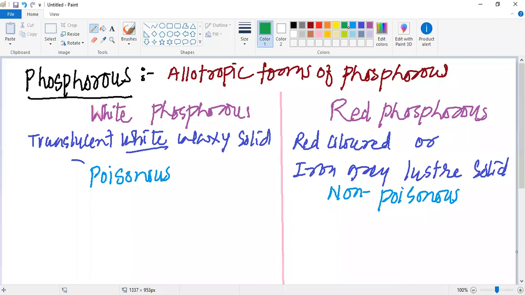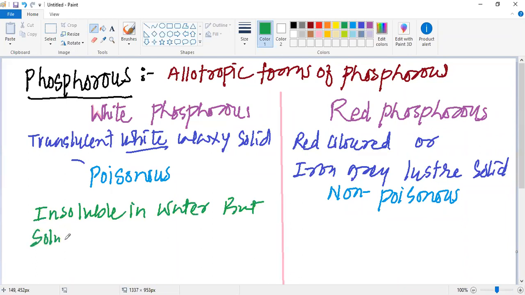Then, dear students, white phosphorus is insoluble in water, but soluble in carbon disulfide.